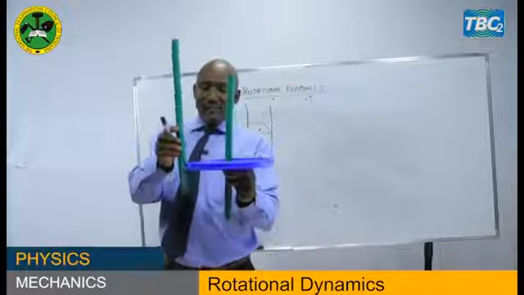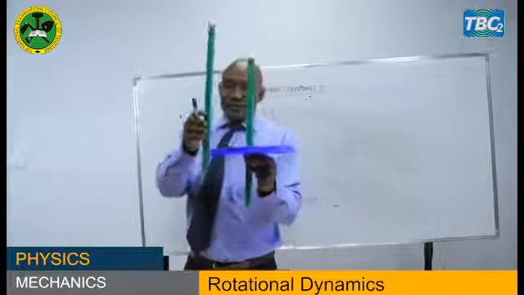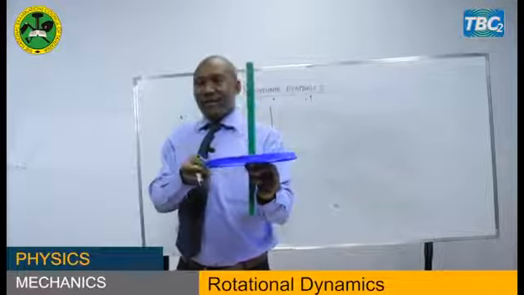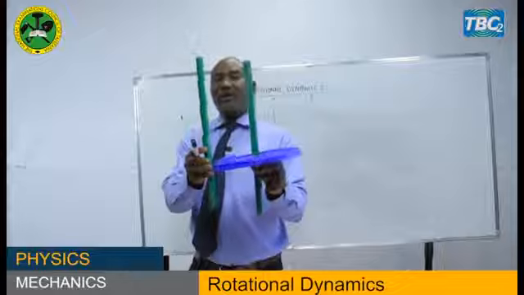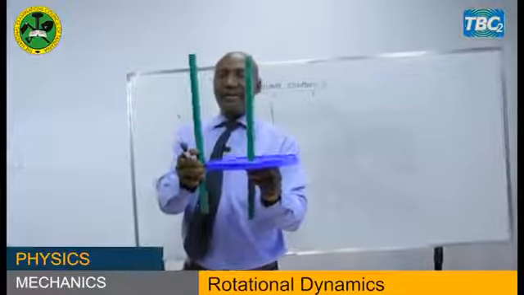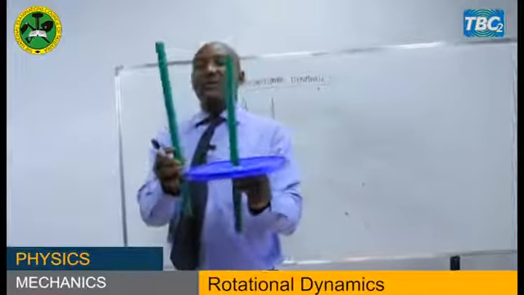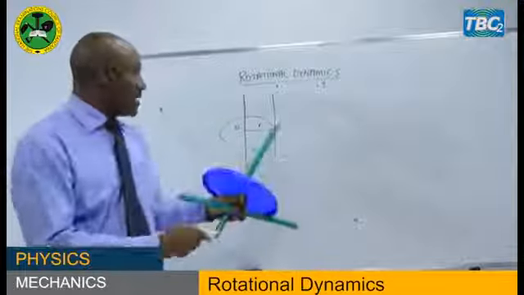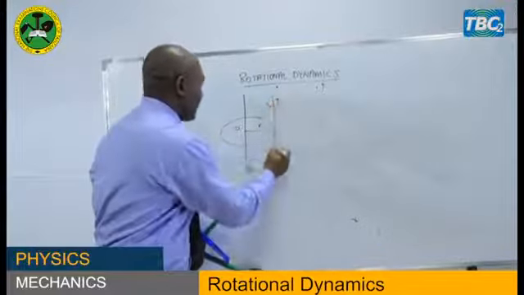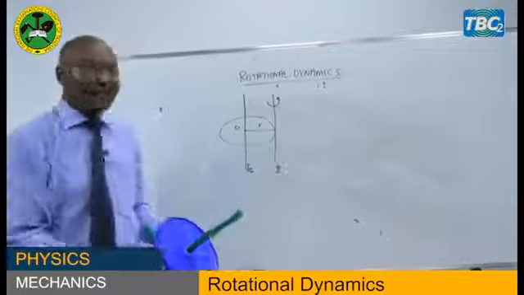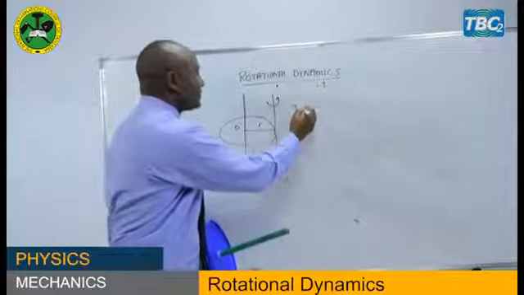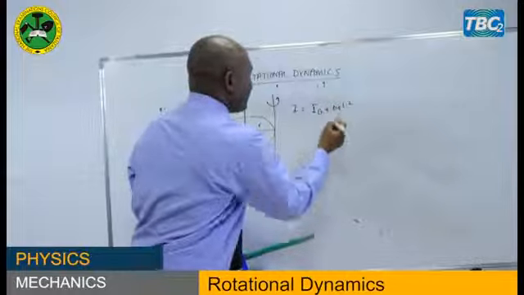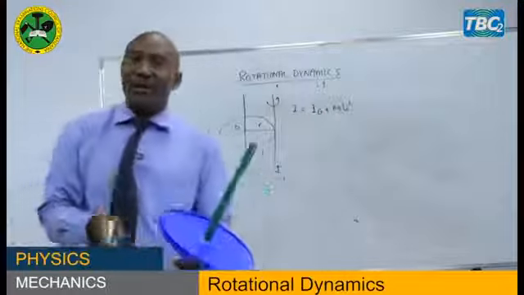Perpendicular means the axis is passing like this. You may be given a question where the axis is passing parallel like that. So that's where you should know the key points. Here, perpendicular to the plane means it makes 90 degrees to the plane, and hence the two axes are parallel. So applying the same formula, we have the moment of inertia about that axis given by I, and you can use h or d.